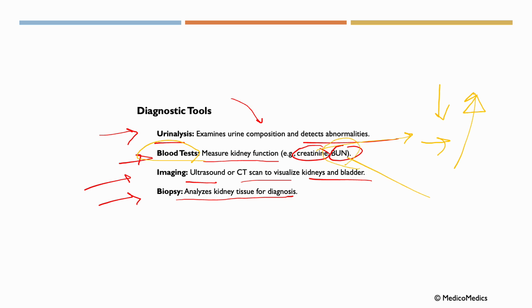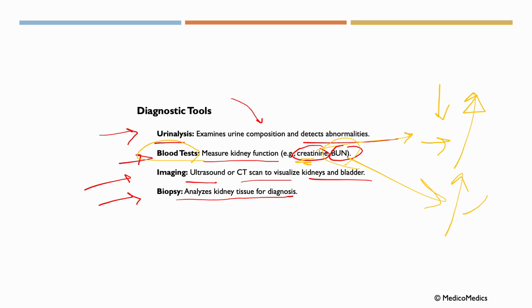What about BUN? BUN stands for blood urea nitrogen, and it's a measure of urea, which is a waste product formed when the liver is breaking down proteins. Elevated levels can indicate kidney dysfunction, dehydration, or a high protein intake, or issues with your liver. So creatinine is actually more specific for kidney filtration issues like glomerular filtration rate, GFR.